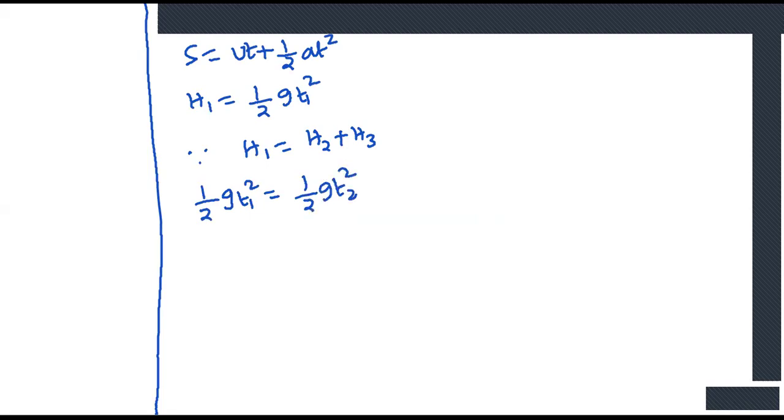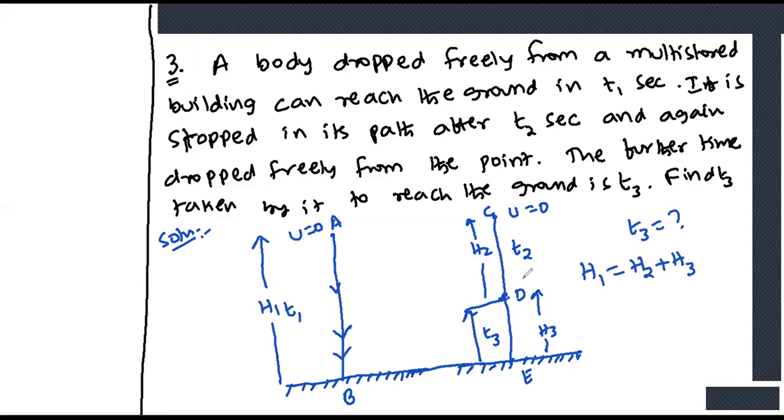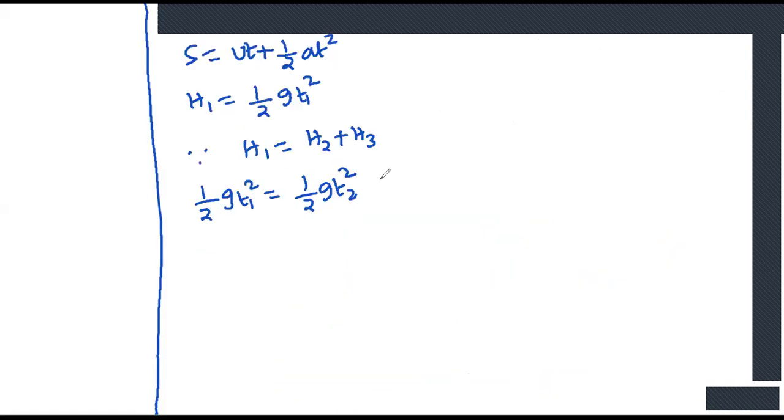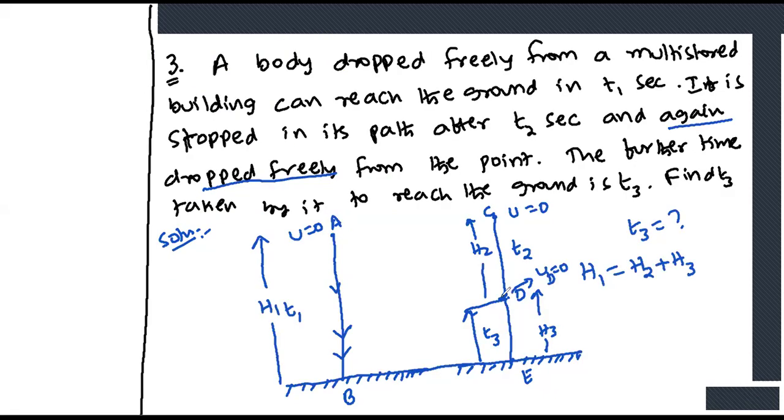And then at this point D, it is again dropped freely. That means the initial velocity will be 0, so I am writing half g t3 square. Otherwise, whenever it is dropped freely, at time t it will have velocity.